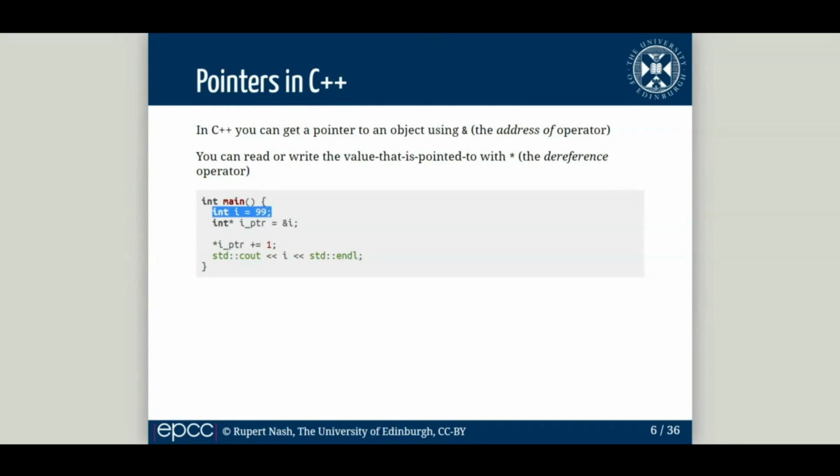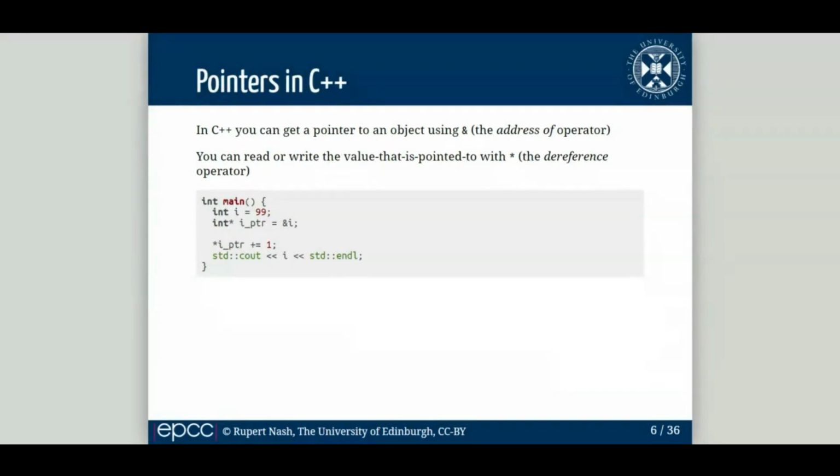Here in this line we define an integer, and we initialize it with value 99. And here what I define with int star is a pointer. So this is a pointer to this integer.